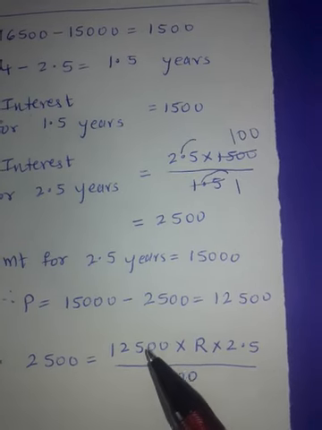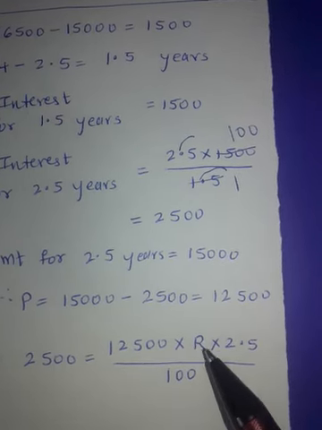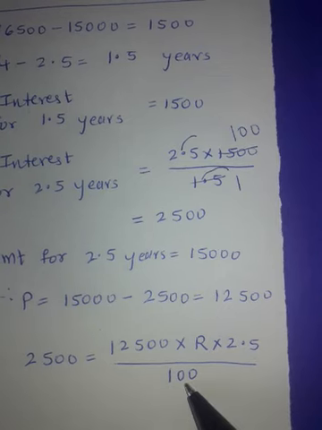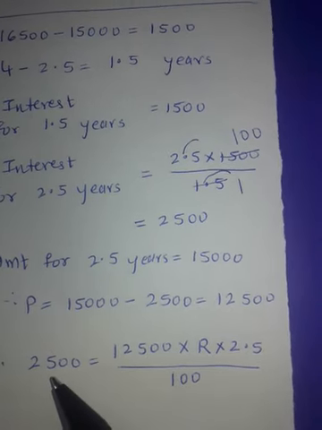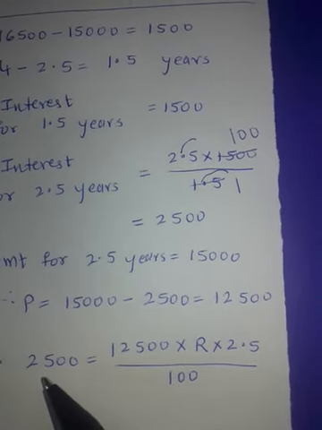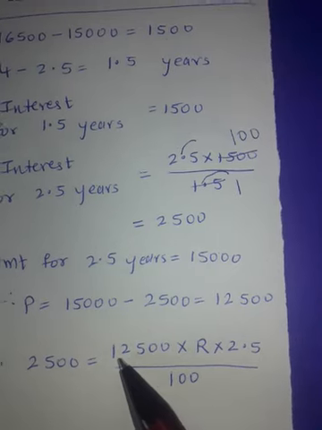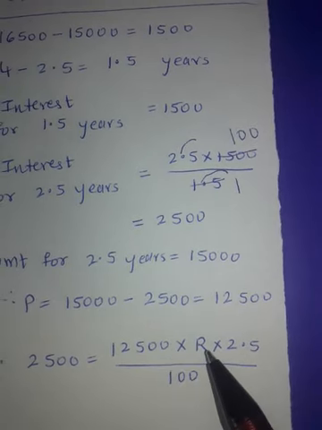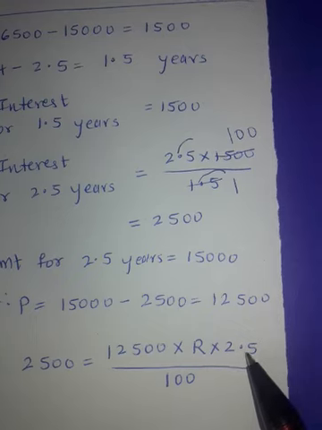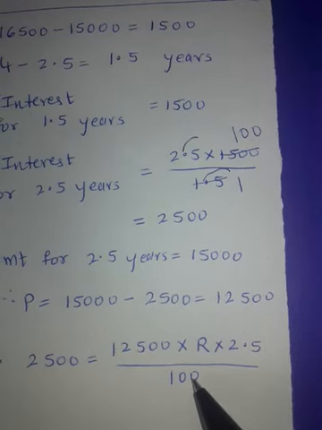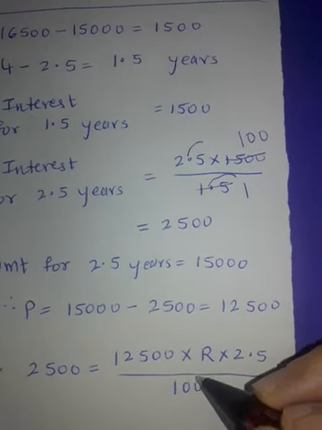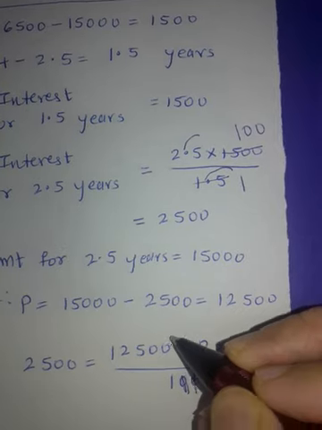I is equal to P into R into T upon 100. We have found out 2,500. P is given to us. R is unknown. T is also there, 2.5 years, upon 100. So now we can solve this.